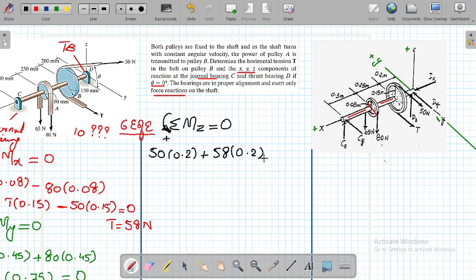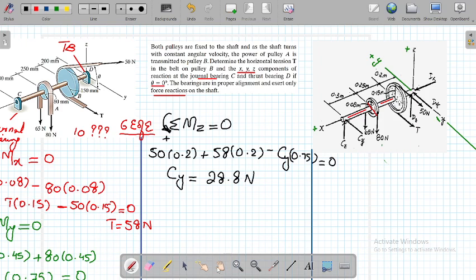So it can be written as Cy times 0.75, and since it is clockwise, you write a negative sign. This equation must be equal to 0. You know all the quantities except Cy, so you can calculate Cy very easily, and it comes out to be 28.8 Newton. So this is also calculated.